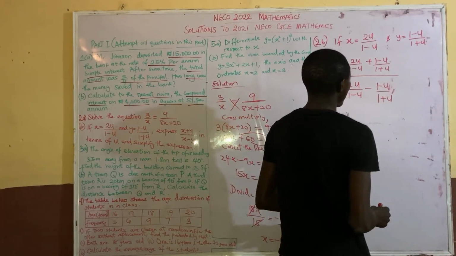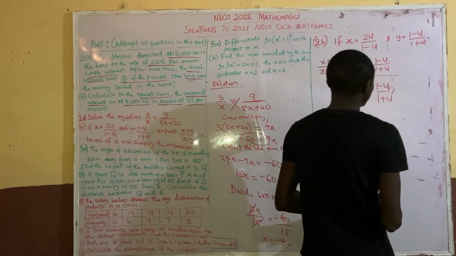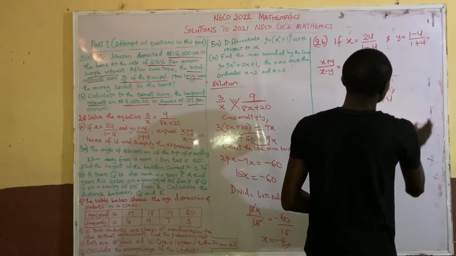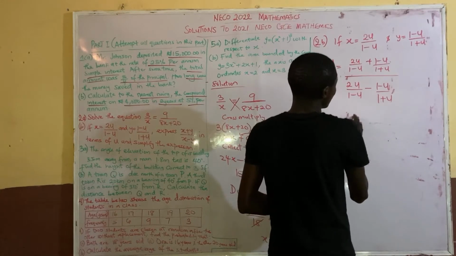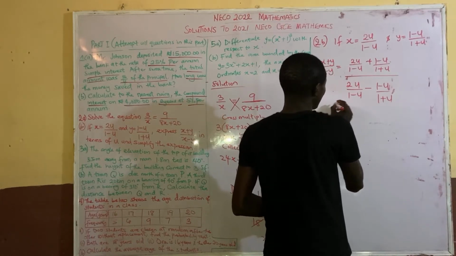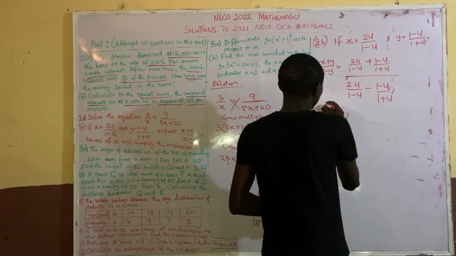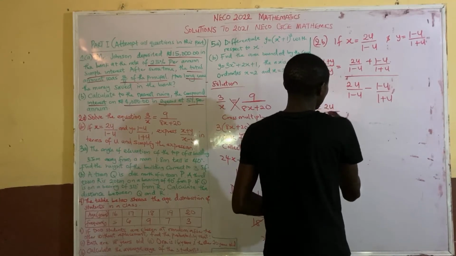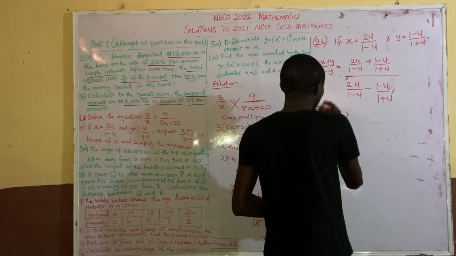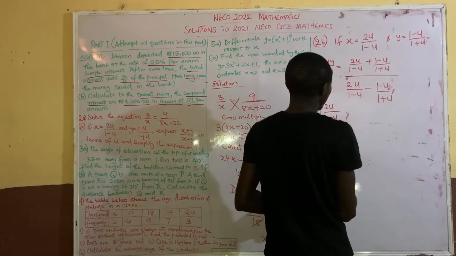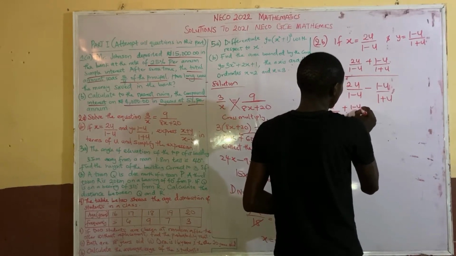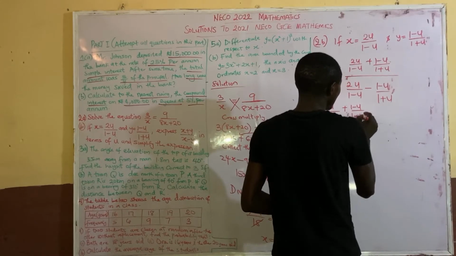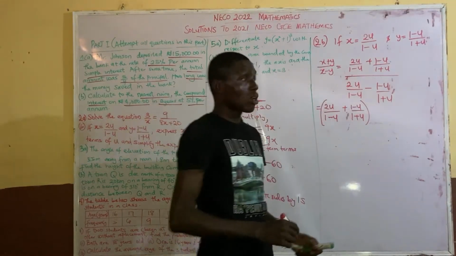So we've successfully done this now. All you need to do now is rewrite this as equal to 2u all over 1 minus u, put it inside a bracket, plus 1 minus u all over 1 plus u, bracket close.